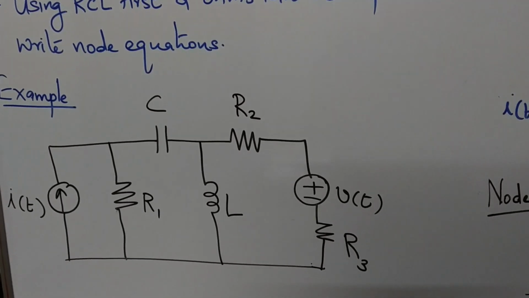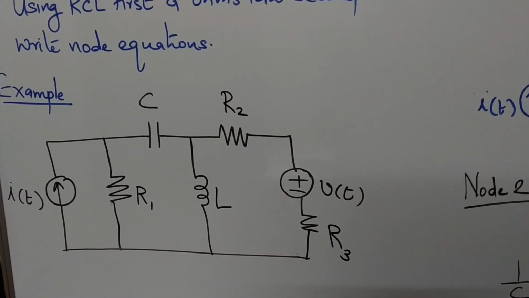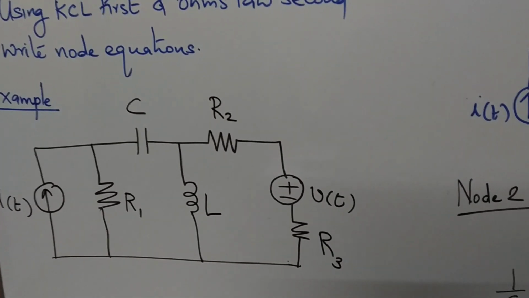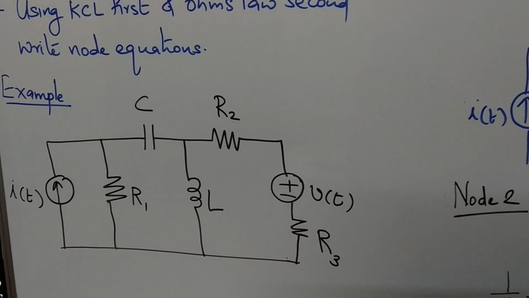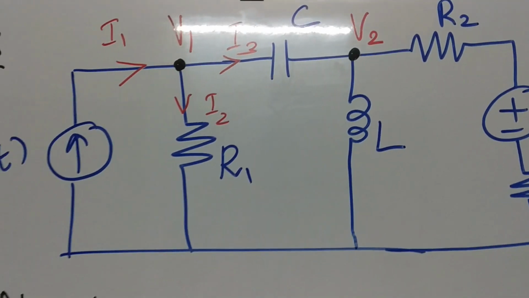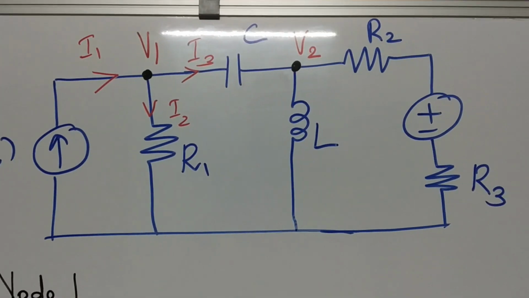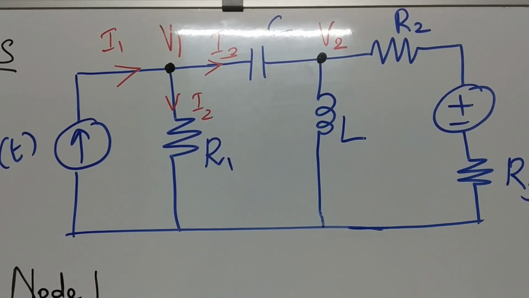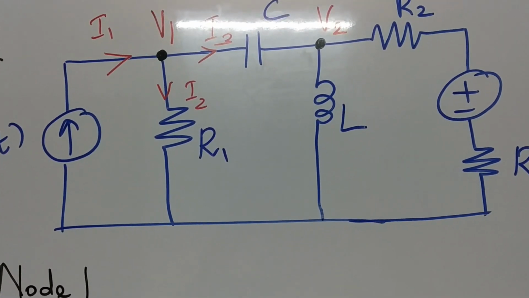Now, the first step, as I've said earlier, is to identify the nodes. When we observe this, we'll see that there are 2 points where 2 or more branches meet, so that you mark them by putting a dot.